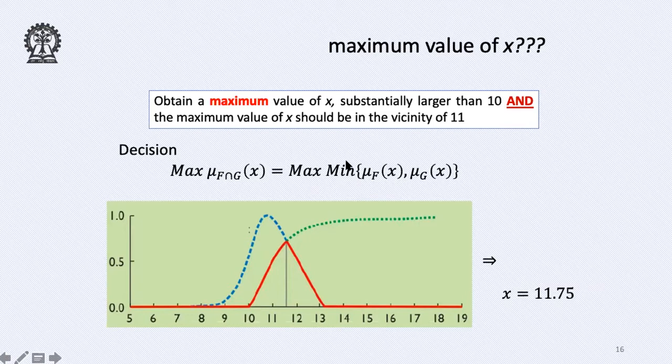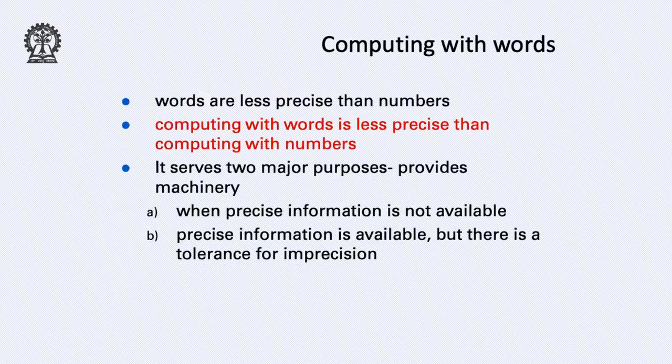With this max min operator, min is the intersection of the two and max is the maximum value within the intersecting region. So we are getting 11.75. Now you could see the situation moves from 11 to 11.75. Therefore, if I had approximated the whole thing, I would be away from reality.